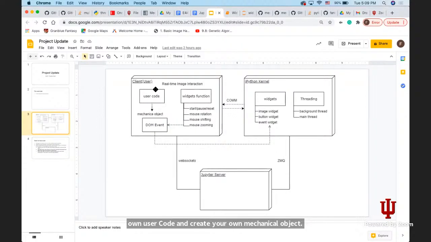By using their own code, they can use my widgets function to start, pause, and reset the image and do several mouse interactions to move the images. And these responses are talking with the IPython kernel directly with the COMM interface. And this is the backend side, and it includes several widgets and also the threading.